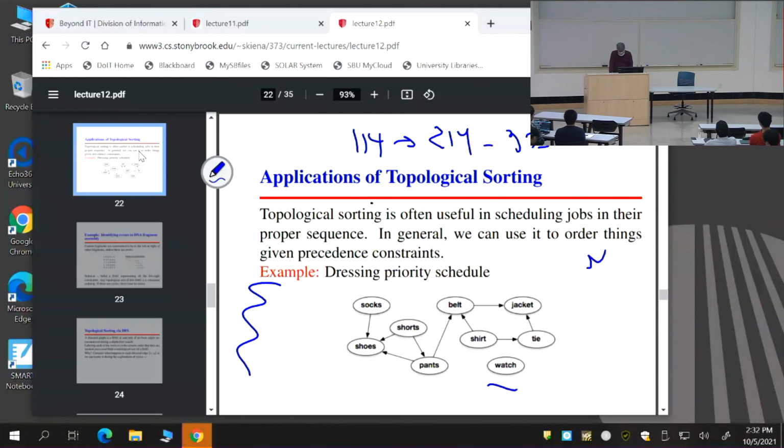If I have n jobs to do, what are the most possible orderings? Can anyone give me a network of constraints where there's the most possible orderings? Well, if there were no edges between anything, how many possible orderings are there? Suppose you take a bunch of courses which have no prerequisites among themselves.